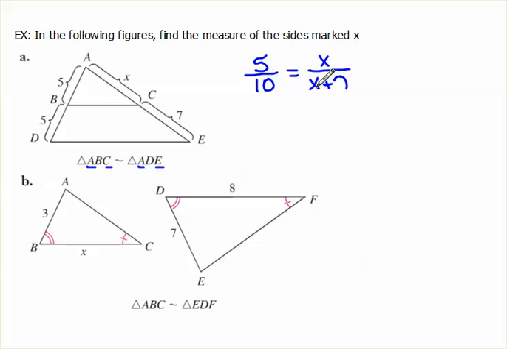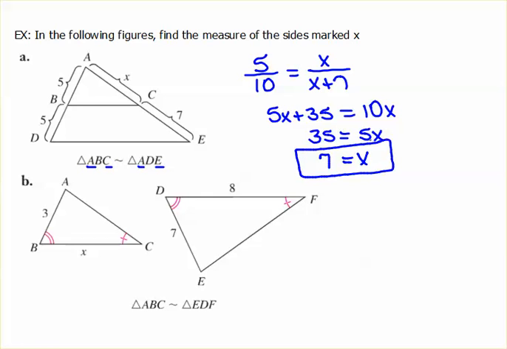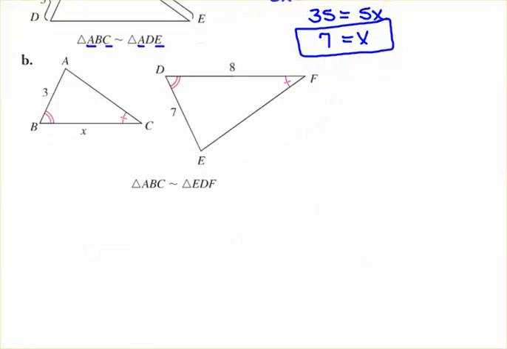So if we were to multiply 5 times x plus 7, that would be 5x plus 35, equals 10 times x, which is 10x. And then simplifying this, if I moved my 5x over to the other side, I would have 35 equals 5x, dividing both sides by 5 to get x equals 7. So we just solved for x there using that proportionality.